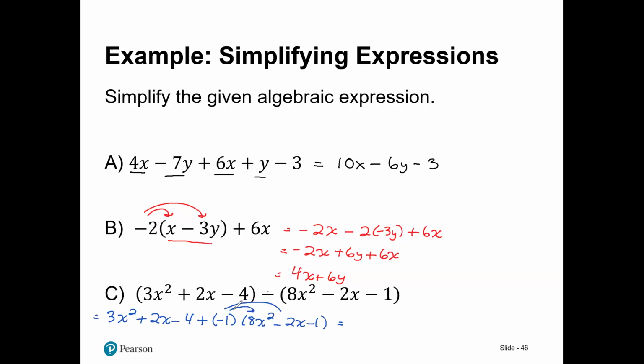So you're distributing the negative across. We end up with 3x squared plus 2x minus 4, and then negative 8x squared, negative times a positive, plus 2x, negative times a negative, plus 1.